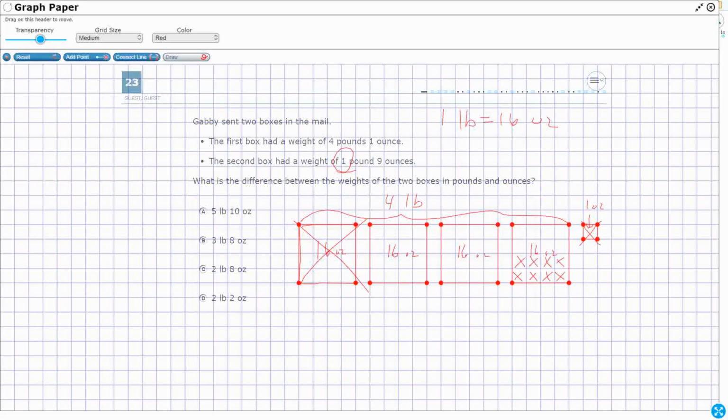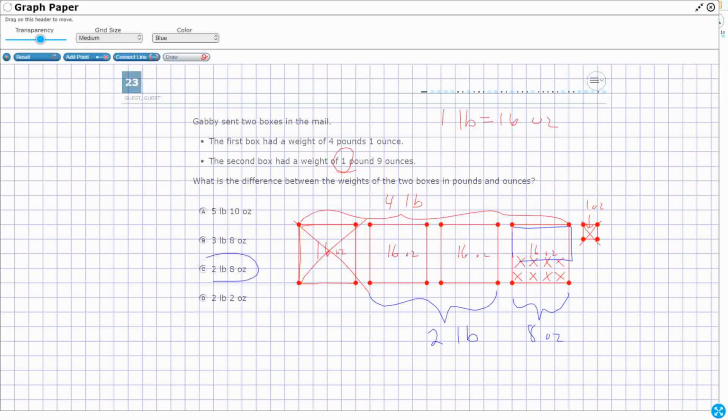All right, so I've gotten rid of 9 ounces. So what do I have left? Well, this is what I have left. I've got 2 pounds, and I've got up here 8 ounces. All right, so 2 pounds, 8 ounces.